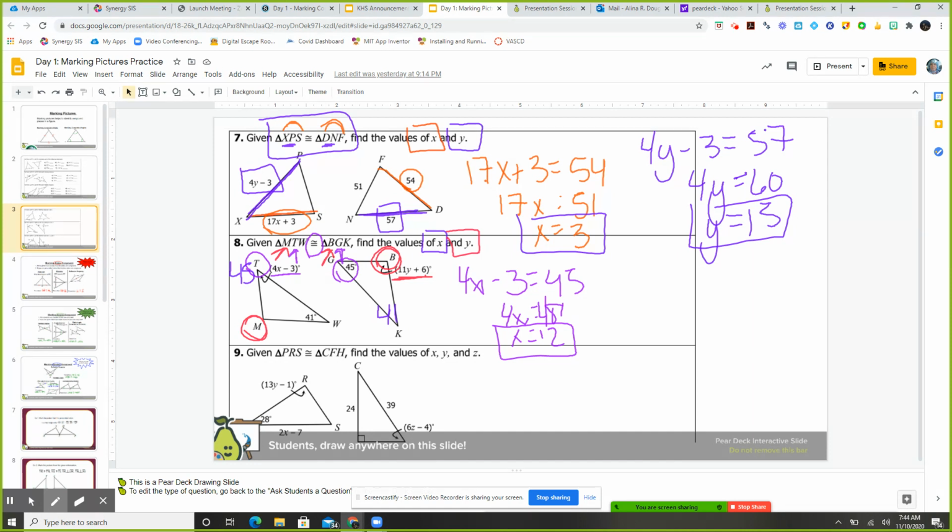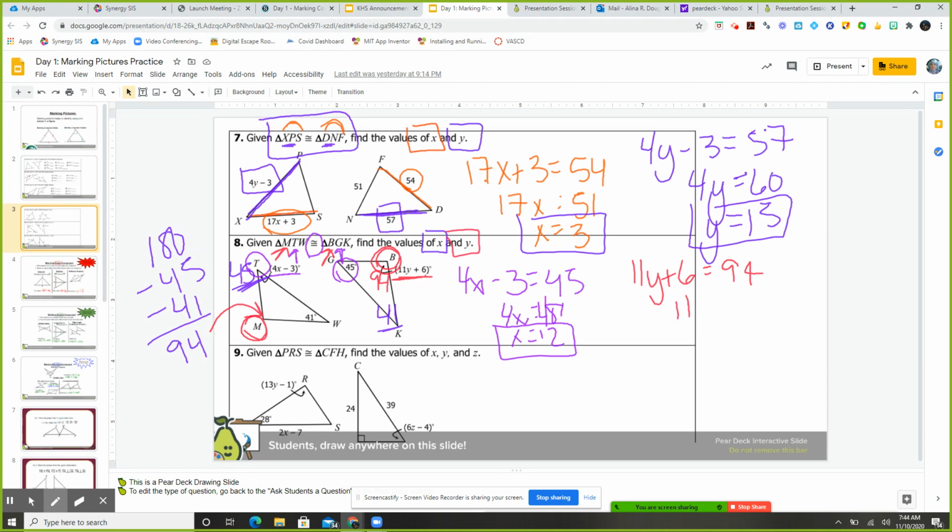It's an obtuse angle. So if I do 180, so over here in my calculator, I've done 180 minus the 45 for angle T, minus the 41 for angle K, and I got 94. Somebody check my math and make sure I'm not crazy. So M is 94 degrees. B is 94 degrees. So my equation is going to be 11y plus 6 equals 94.